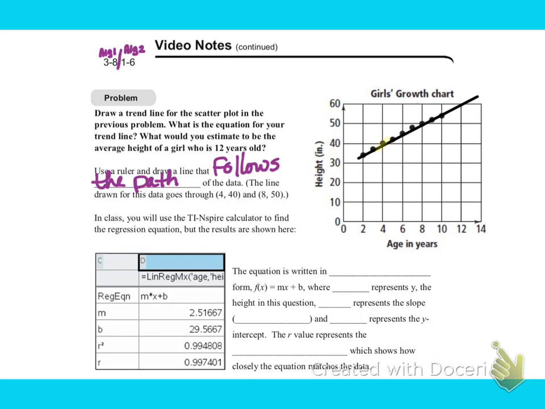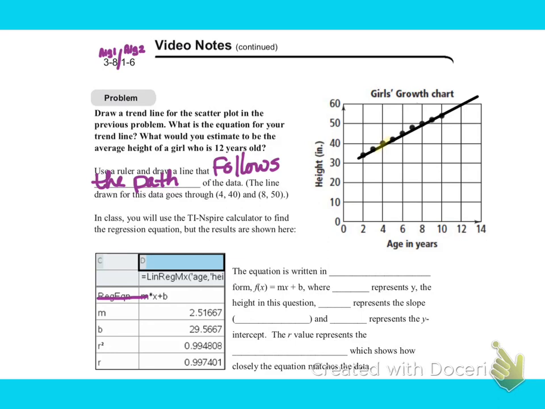In class, we're going to use the TI-inspired calculator to find the regression equation, but I do have some results for you right here in the table. The equation is written in, and here's our equation.